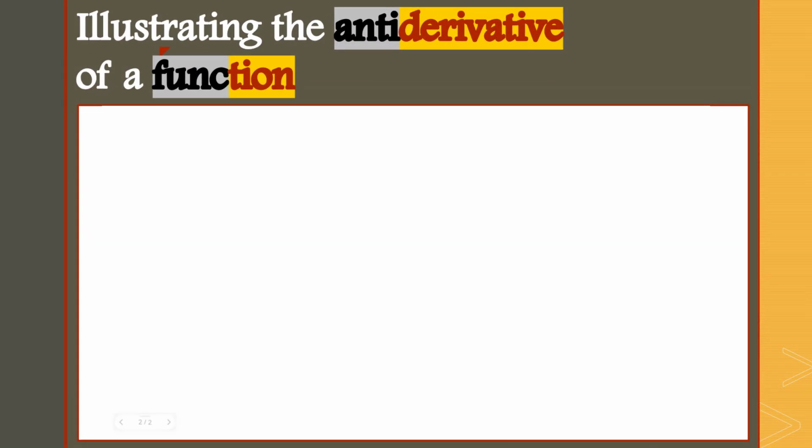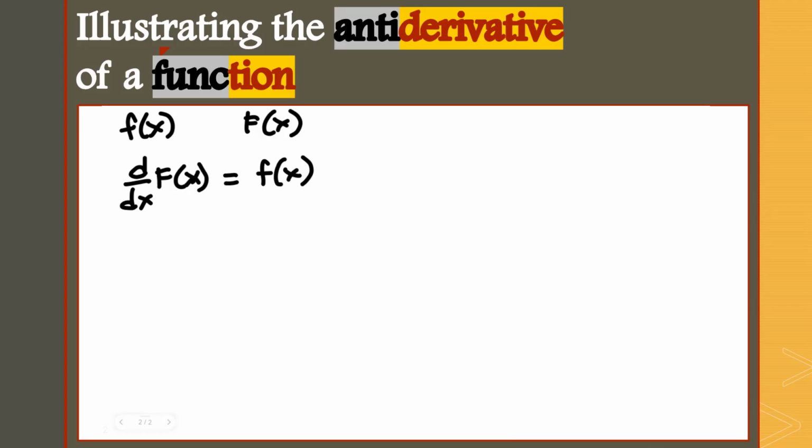In the previous video, we were able to define the antiderivative of a function. Given any function, say f of x, its antiderivative is capital F of x if it satisfies the condition that the derivative of capital F of x with respect to x is equal to small f of x.